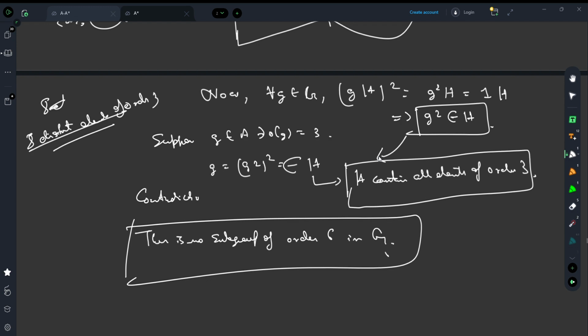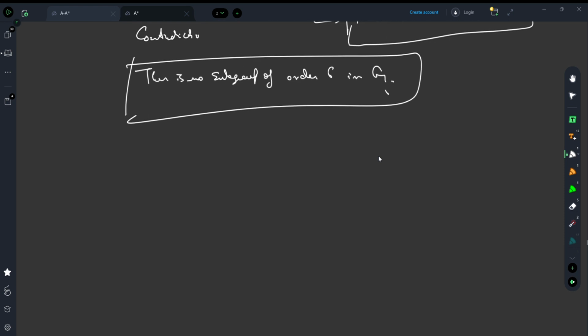But it's true in some cases. For example, if I talk about a finite group, this is called the Cauchy theorem. It's called the Cauchy theorem for finite groups.